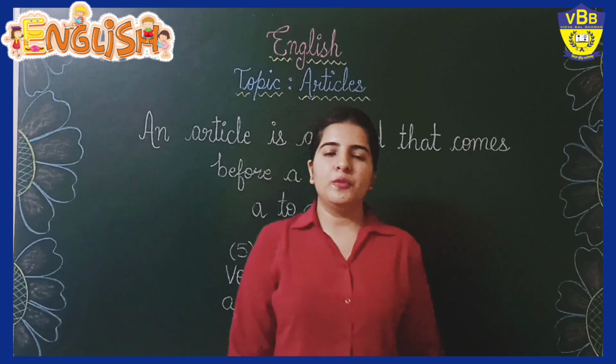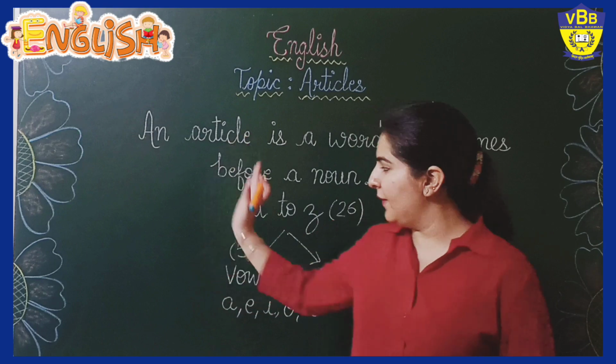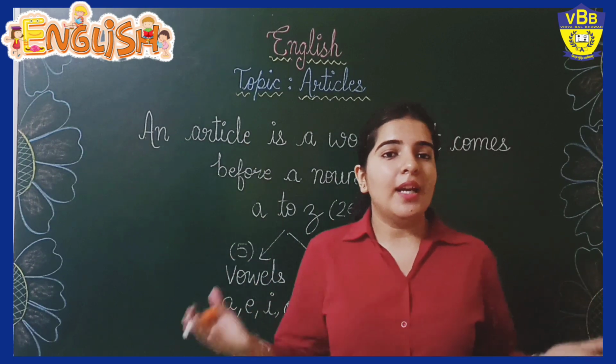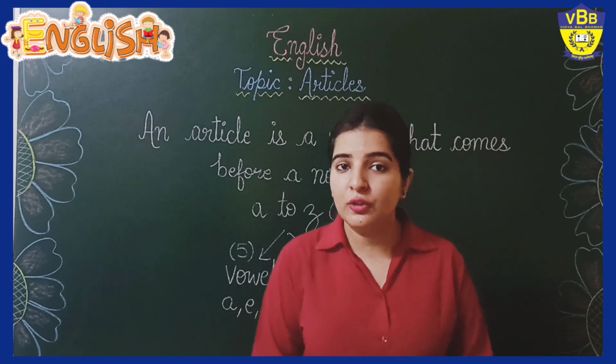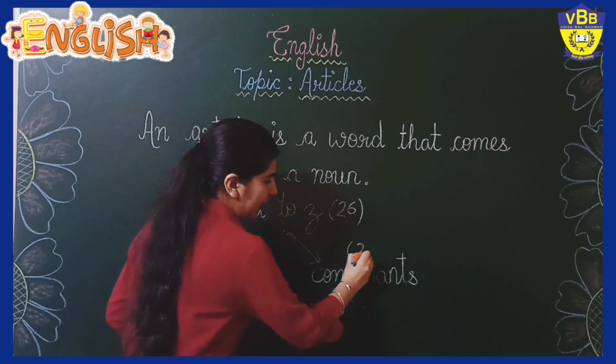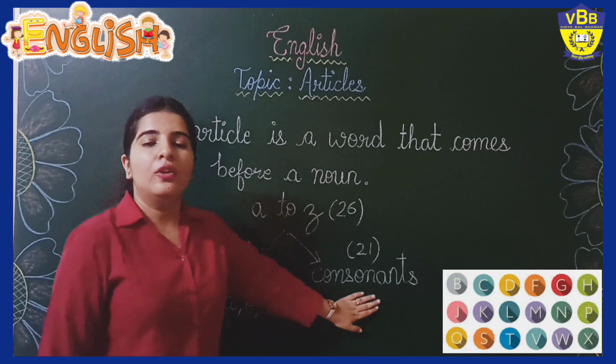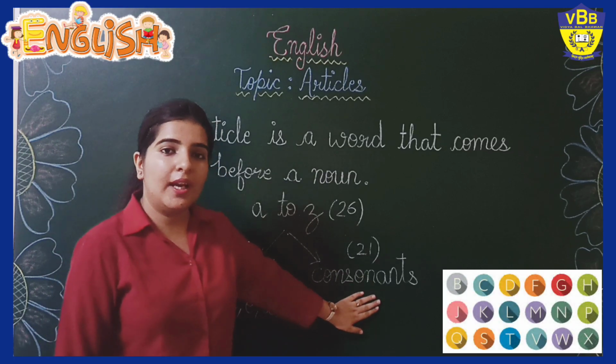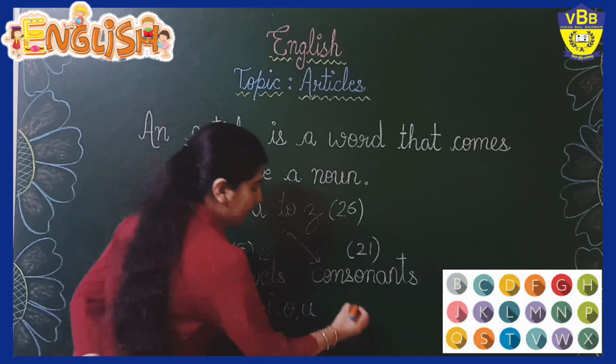Okay. So out of 26, when we know that 5 are vowels, what are the rest of the letters known as? The rest of the letters, 21 letters, they are consonants. What are they known as? Consonants.